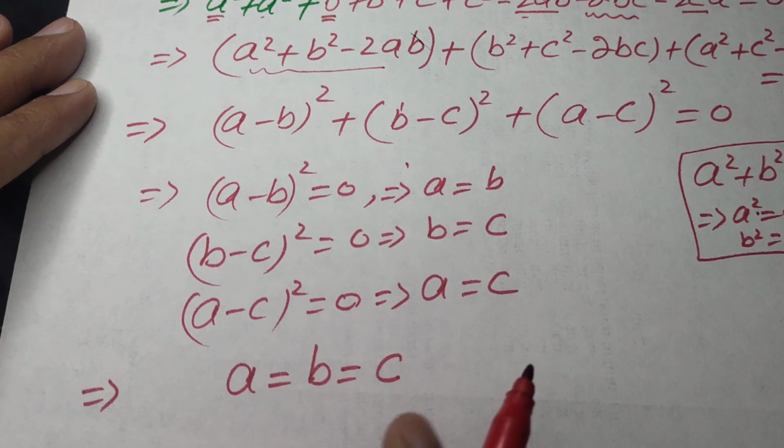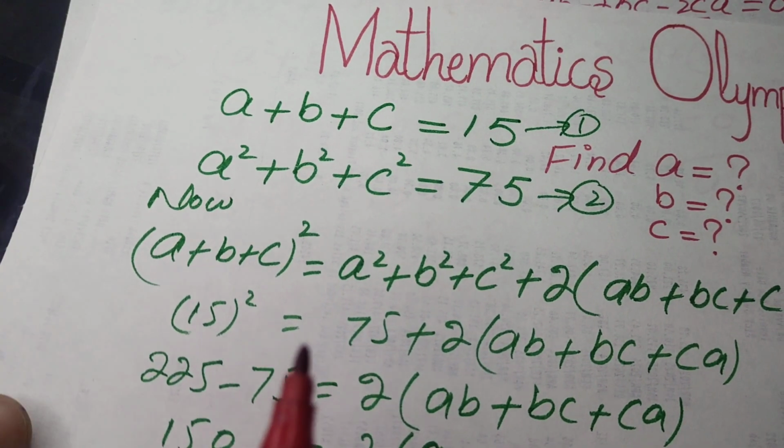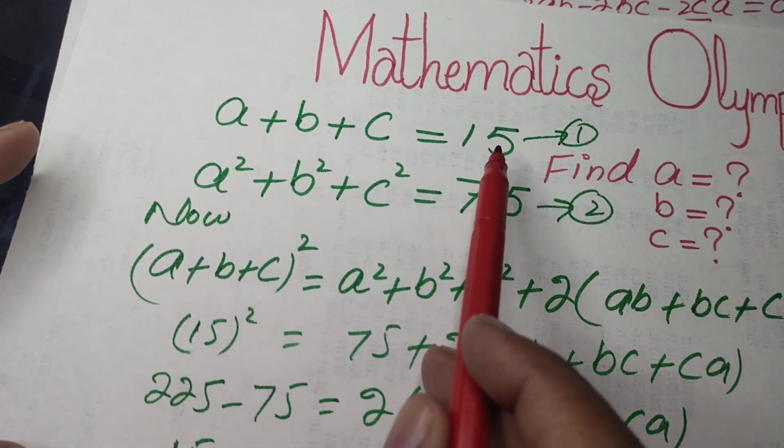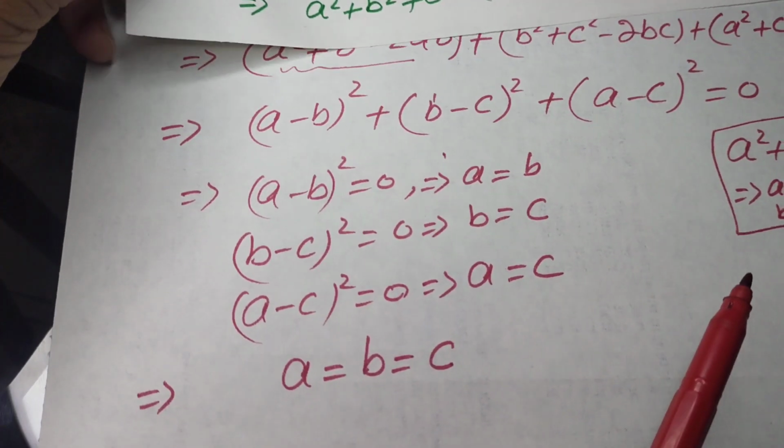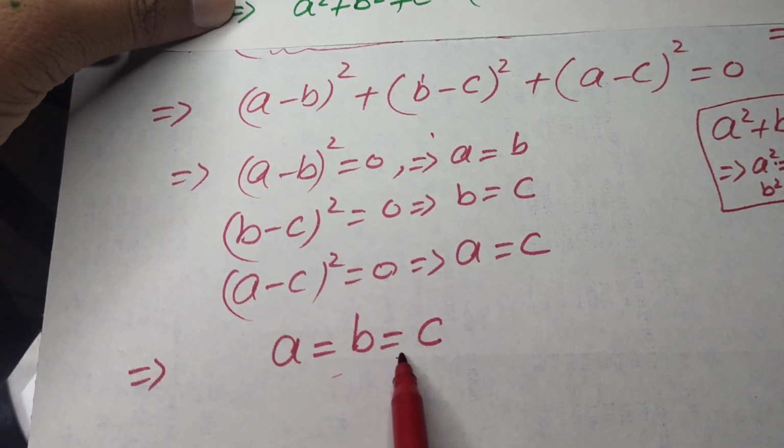After that, in our question statement we can see that a plus b plus c is equal to 15, and here the three variables are equal, a is equal to b is equal to c.